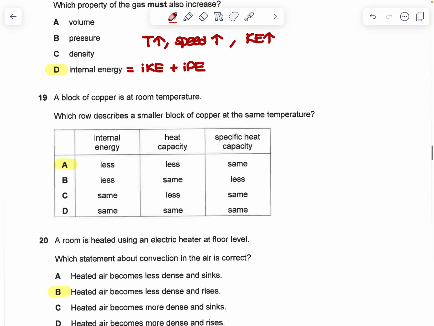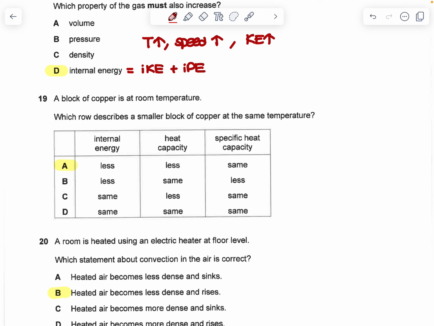Question 19. A block of copper is at room temperature. Which row describes a smaller block of copper at the same temperature? So smaller block. Okay. Internal energy is actually proportional to the mass. A larger object will have more internal energy. So a smaller object will have less heat capacity.